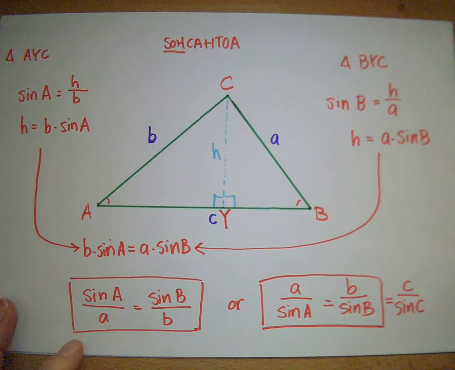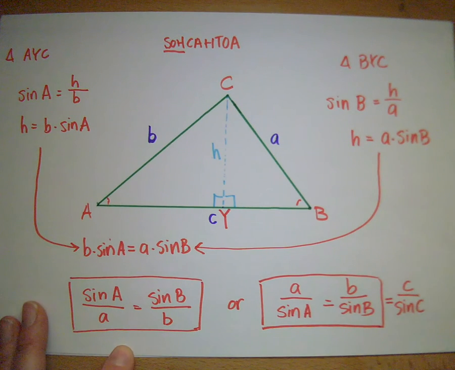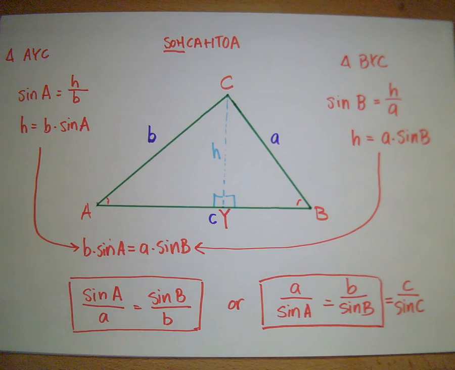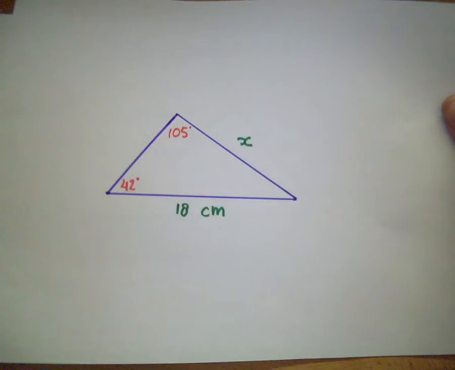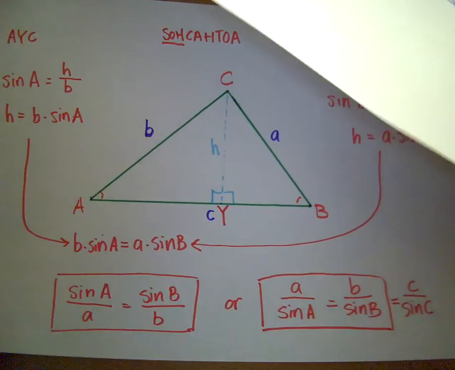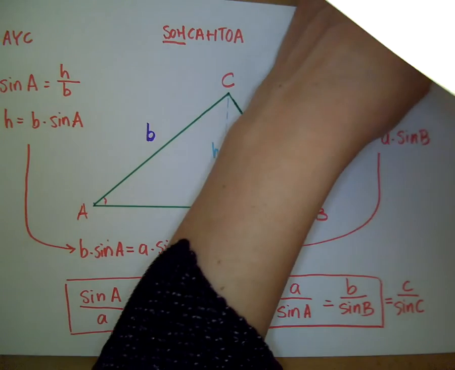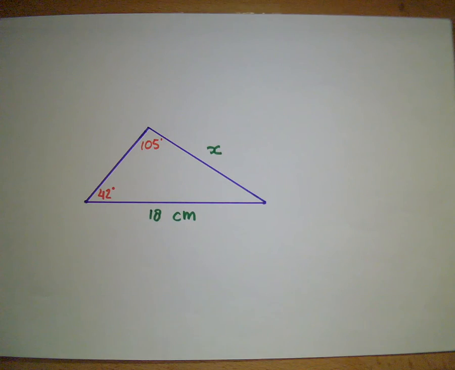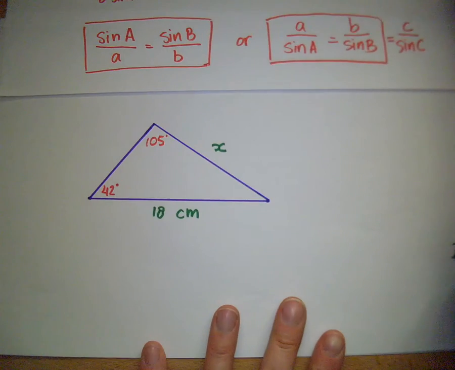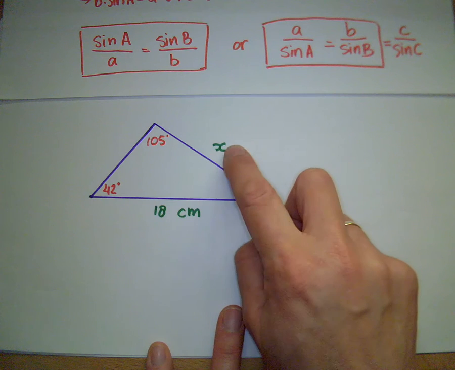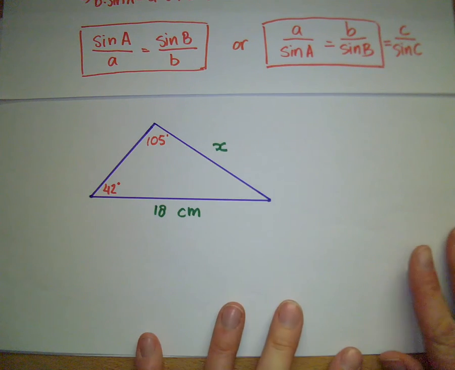Let's see how we can use this cool new rule in actual triangles like this one. This is a real triangle where we know two angles, we know one side, and we need to figure out what the length of this side is.